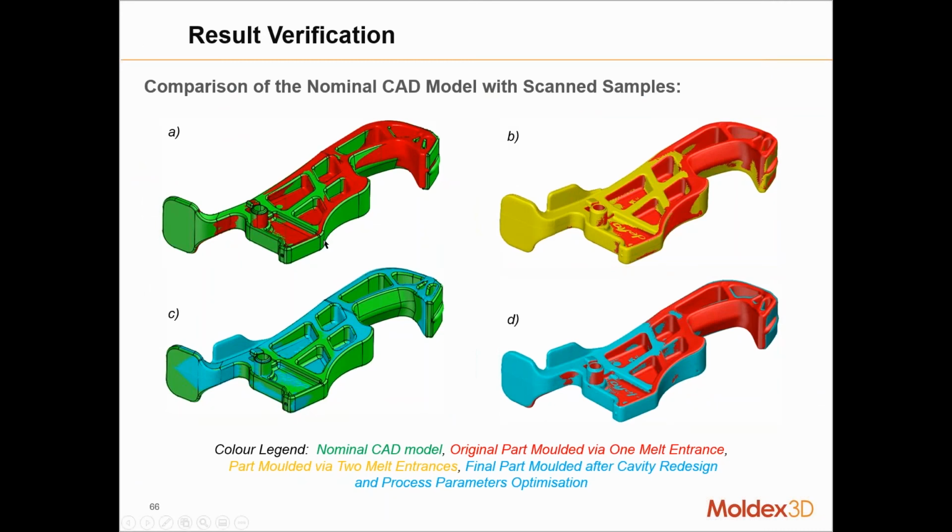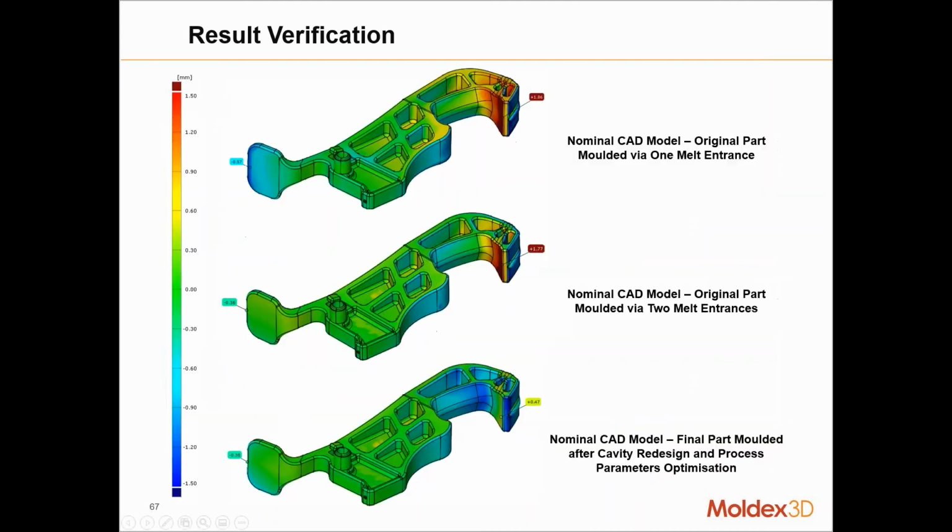They had their nominal CAD, and then they were comparing what the original CAD would look like versus the nominal CAD, meaning the tool CAD versus the nominal CAD. And they were also trying a couple different things, single melt entrance, two melt entrances, but they were all the way through overlaying, comparing the scanned models with the nominal CAD in order to improve the overall design.